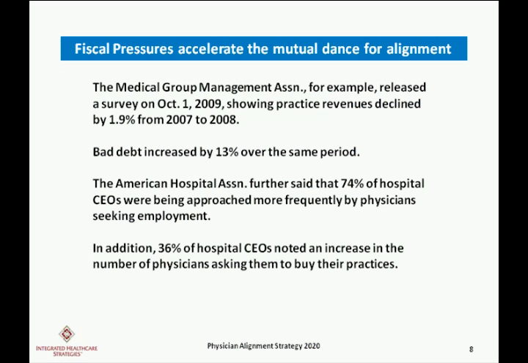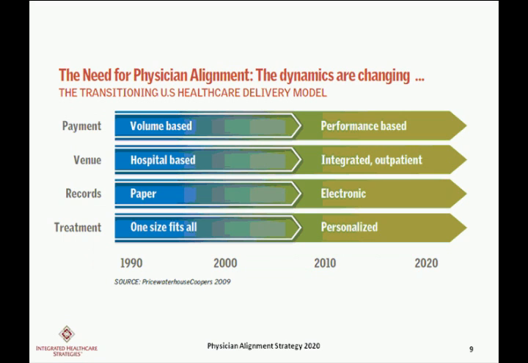These are among several factors that you'll see on slide 9 that are driving us to be more formal, more structured, more effective in not just the design of a physician alignment strategy, but the kinds of building blocks of action necessary to breathe life into that strategy.